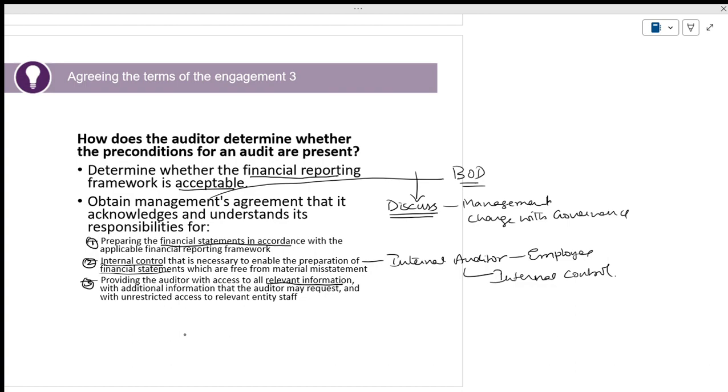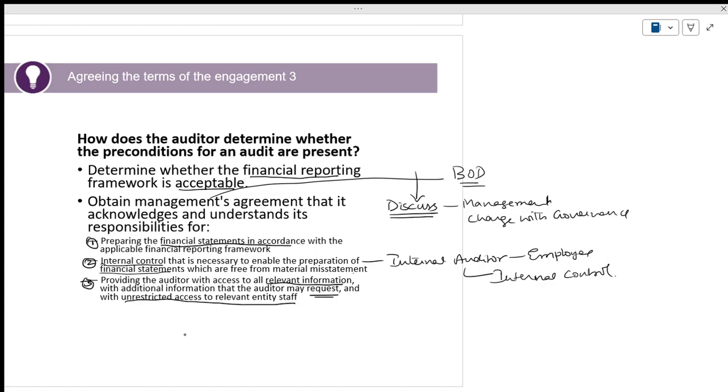The auditor has to be provided all relevant information. If there is any additional information that the auditor may request, with unrestricted access to relevant entity staff.